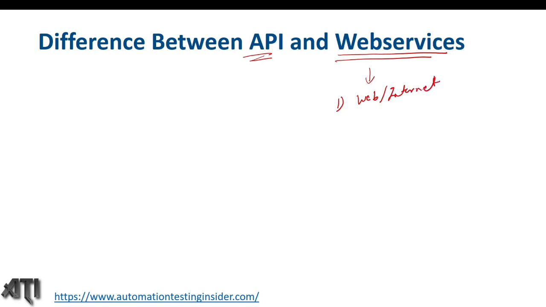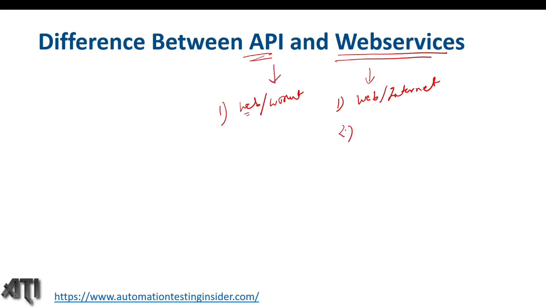API is the communication method between two or more computer programs. Similarly, when two or more computer programs communicate with each other on the web, it is called web services. And APIs exist on the web as well as without the web. They work using the internet, and also without it.